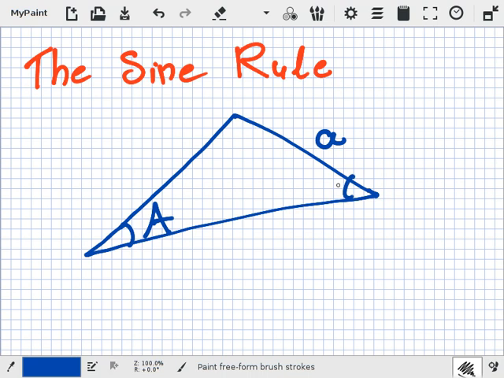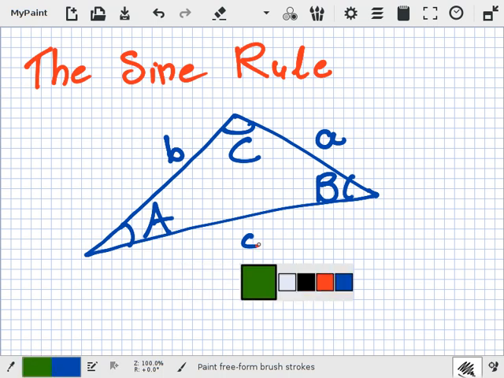A, B, B, C, and C. To get to the proof here, you should write down the proof, even though it's not on the exam. In semester 2 there's some trigonometry proofs, so it's just good practice to have some proofs in your notebook.